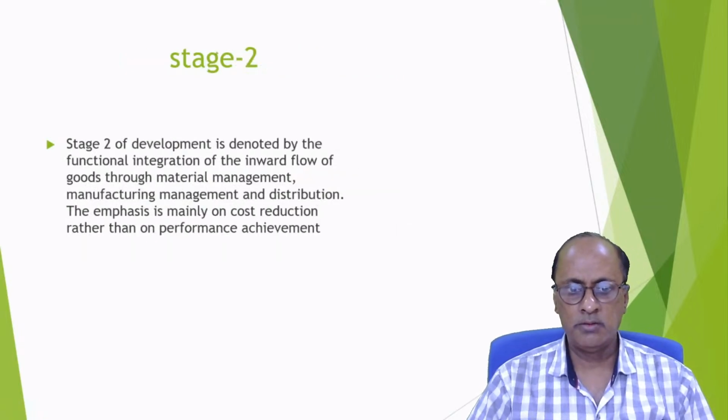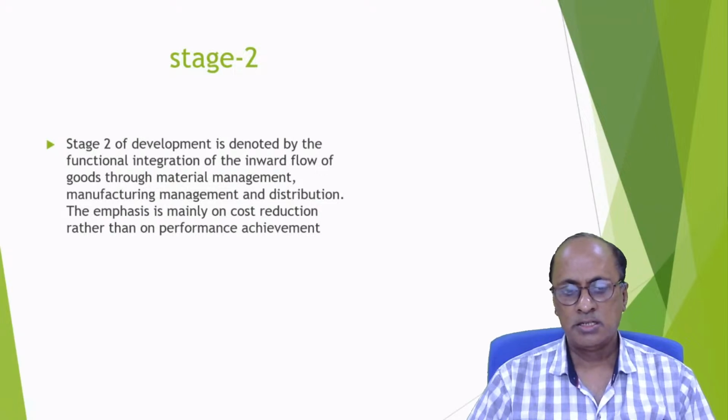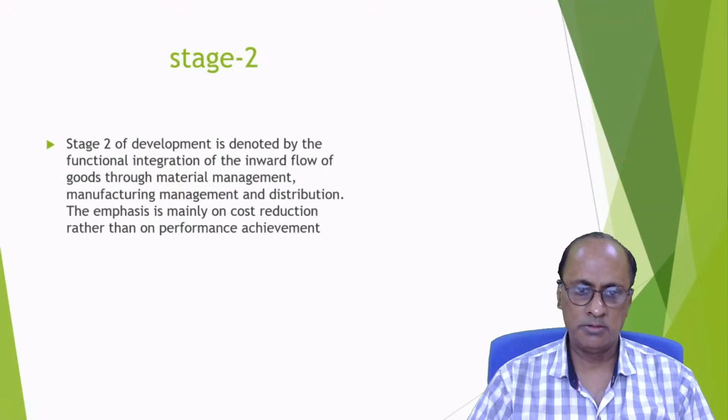In stage 2, the development is denoted by functional integration. That is, the inward flow of goods through materials management, manufacturing management, and distribution. This stage mainly emphasizes cost reduction rather than performance achievement.